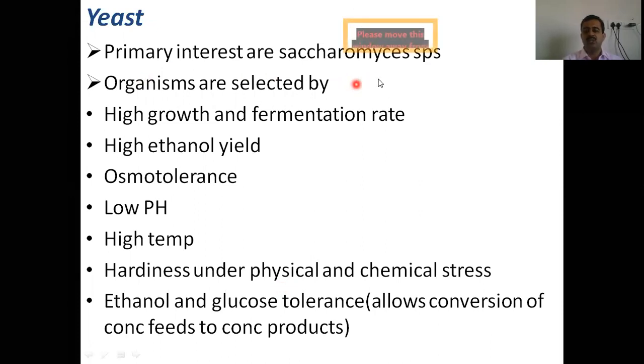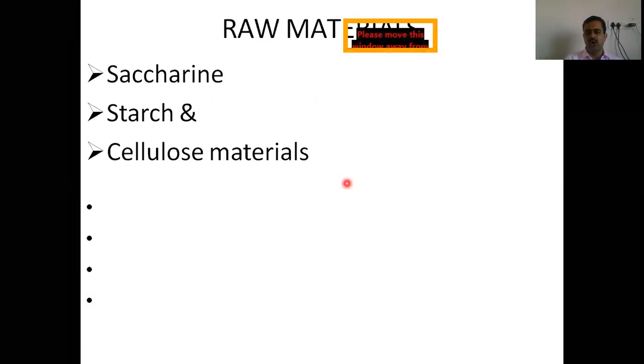The primary interest is Saccharomyces species, one of the best yeasts utilized for production of ethanol. Organisms are selected by high growth and fermentation rate, high ethanol yield, osmotolerance, low pH, high temperature, and hardiness under physical and chemical stress. Ethanol and glucose tolerance allows conversion of corn fields to corn products. So generally, all these criteria make Saccharomyces cerevisiae an excellent organism for production of ethanol. So it can be produced with the help of corn.